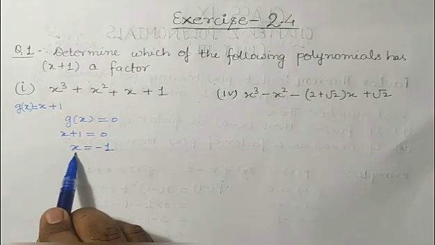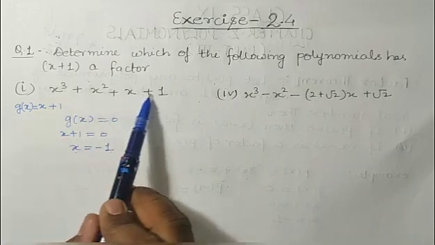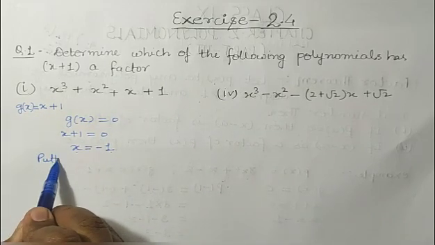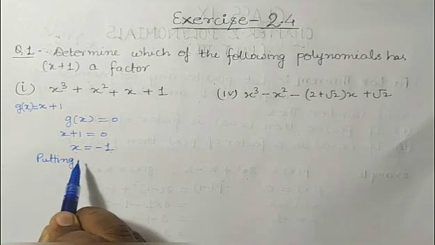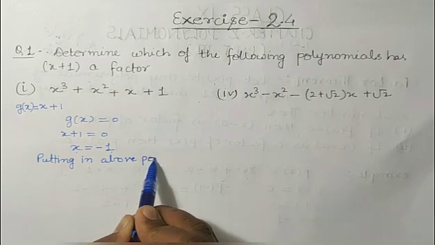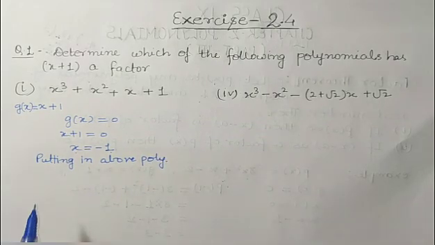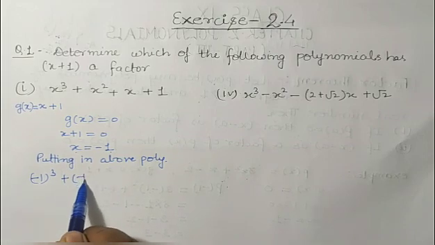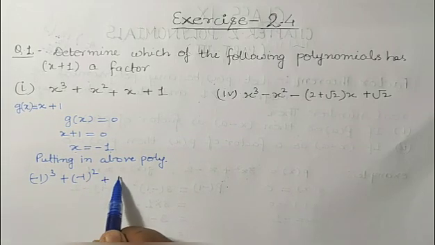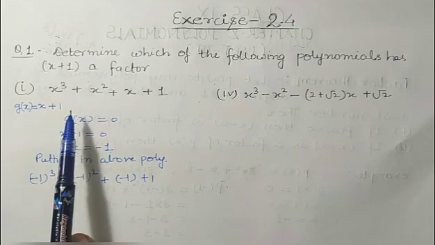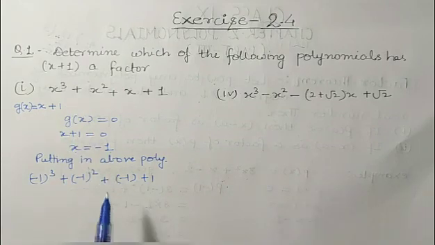After that, this minus 1 you will put in this polynomial. Putting in the above polynomial, what you will get? Minus 1 cube plus minus 1 square plus minus 1 plus 1, means at the place of x we have put the value minus 1.